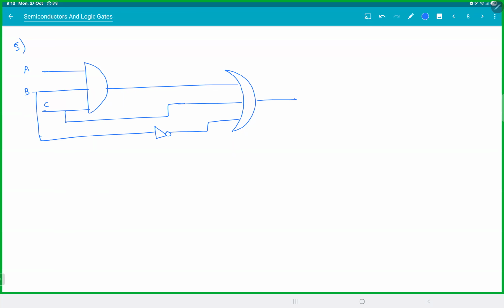It's a 3 input AND gate and an OR gate. So there is nothing like there should always be 2 inputs. They can play around like this with 3 input terminals.